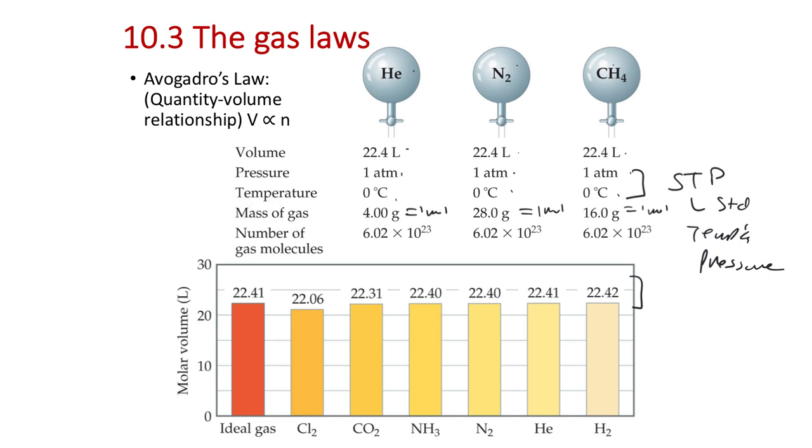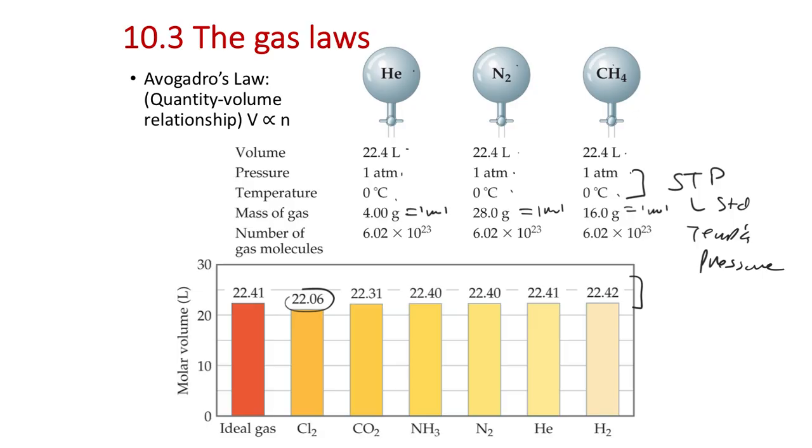This isn't a very high pressure, so any deviations here, so maybe Cl2, which is a little bit further away than the others, is experiencing a stronger intermolecular force of attraction. But if you notice, most of those are in the 22.4 range. But the key is that 1 mole of any gas that behaves as an ideal gas at STP has a volume of about 22.4 liters.